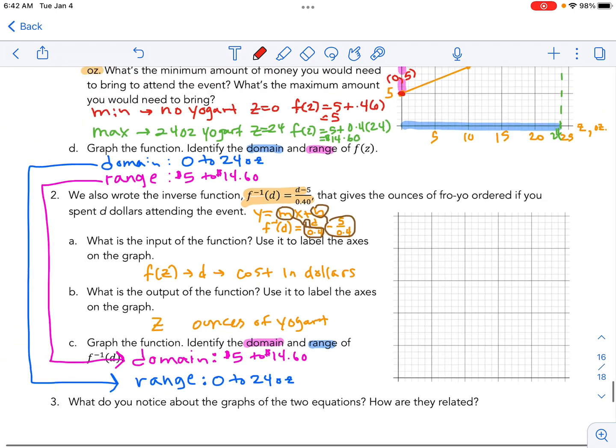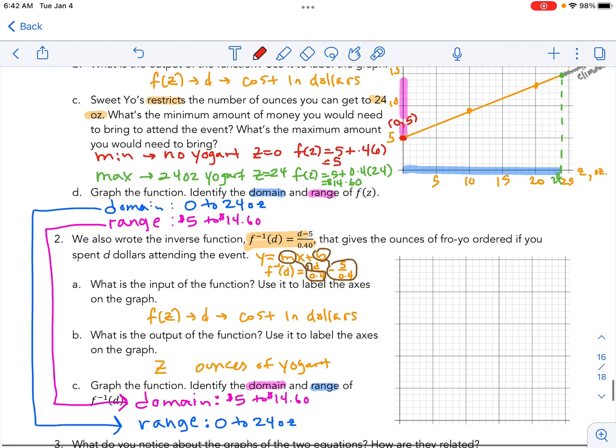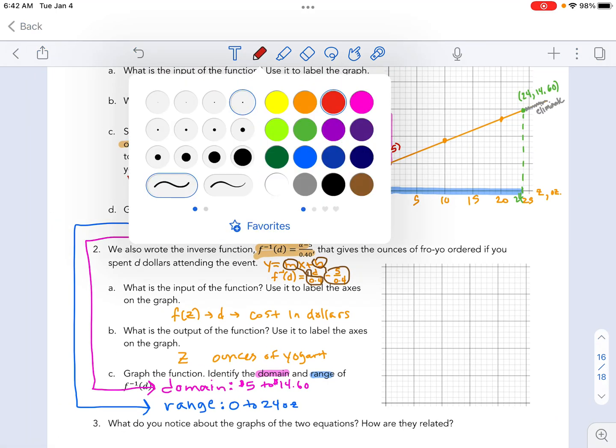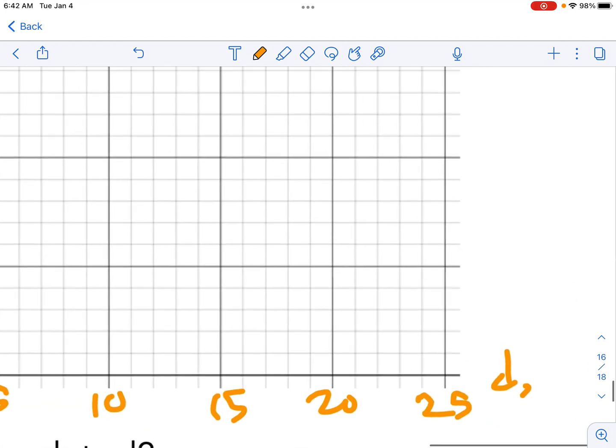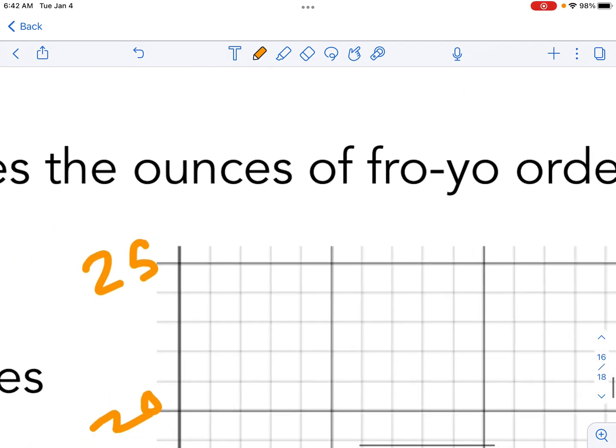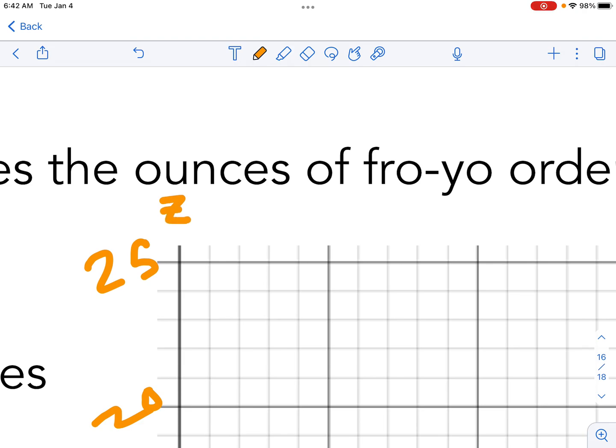Before I do anything, let me get my scale here. Our scale is 5, 10, 15, 20, 25, and 5, 10, 15, 20, 25. This is now our cost in dollars, and this is now our output, which is our ounces of yogurt.